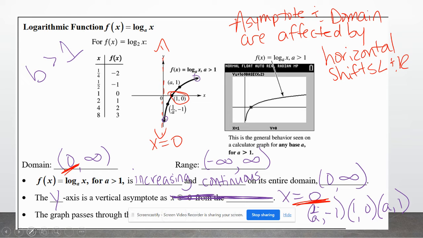And what that would look like, if I had an equation, let's say log base 3 of x minus 7, plus 2, this minus 7 is a right 7 and moves our asymptote 7 and our domain 7.